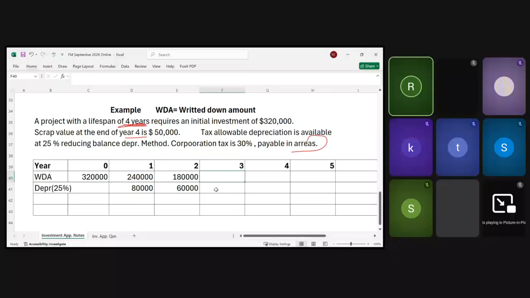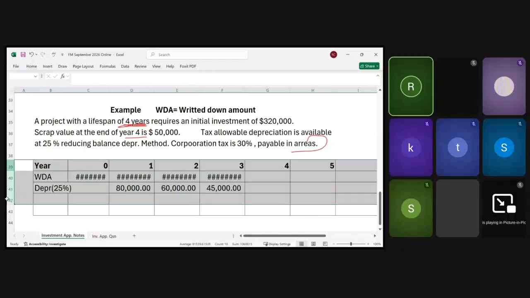I go to year 3, I do the same, 25% times this amount. And I remove 45,000 from my machine. I have 135,000. So far, so good. Let me know, guys, if you are able to follow through this so that I explain now where we are going to.